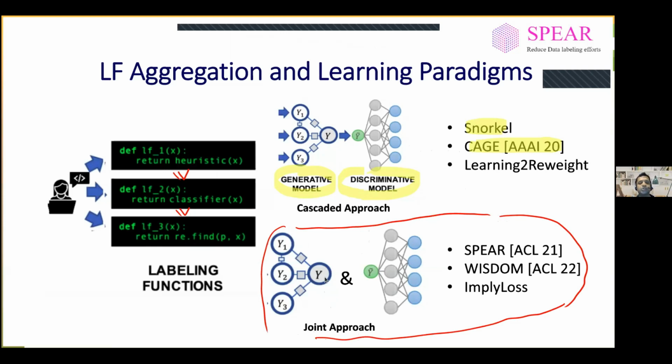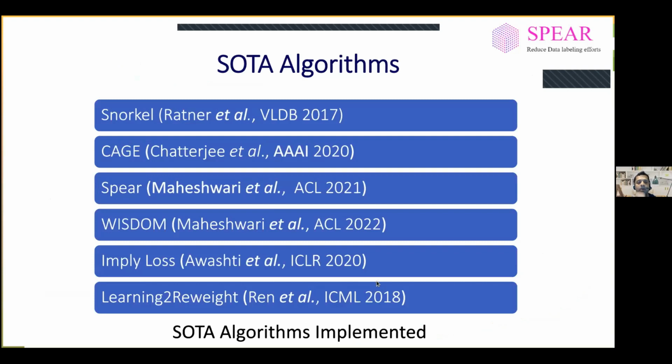The idea behind the joint approach is that not only are you given the labeling functions, but you also may have a small amount of label data which could be identified through something like targeted subset selection. And eventually what you have is a jointly trained model, a model that doesn't just take the output of the generative model and threshold on the probabilities to get a discriminative model, but which jointly learns on the label data set as well as the labeling function model.